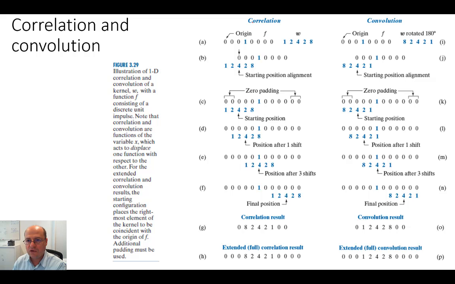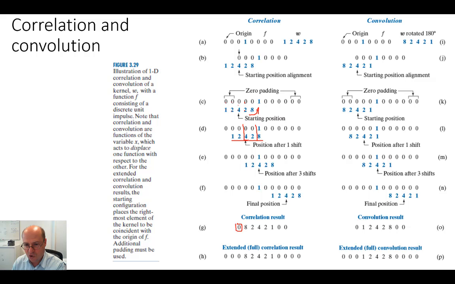Let's see how correlation works. Multiply this by this, multiply this by this, and so on, and sum the result. The result is 0, so in the final result, this position is 0. Now move the kernel one position in that direction so that the 8 is aligned with the 1, and the middle position is here.